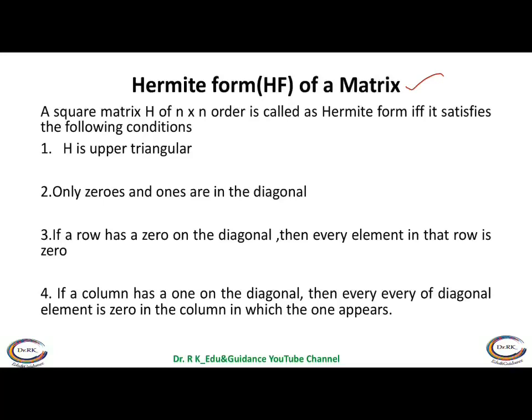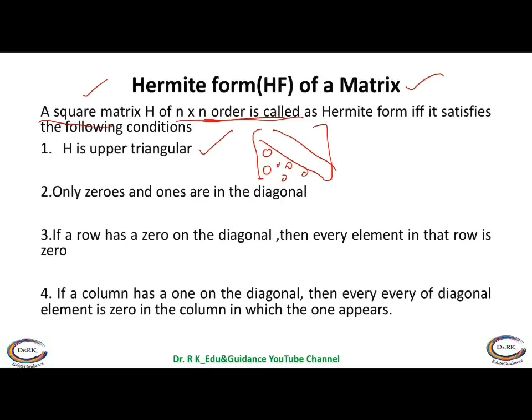A square matrix H of order n by n, so it is always a square matrix. The first condition is that it is upper triangular. You remember what upper triangular means in a square matrix: if you take the principal diagonal, all the elements below the principal diagonal are zeros.